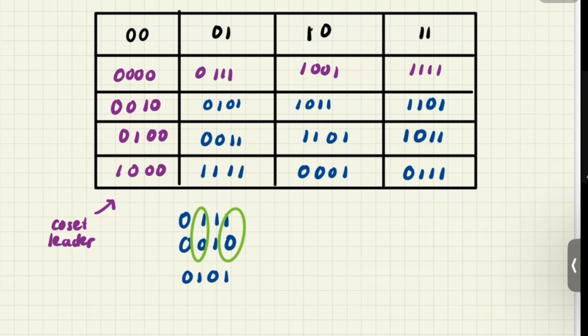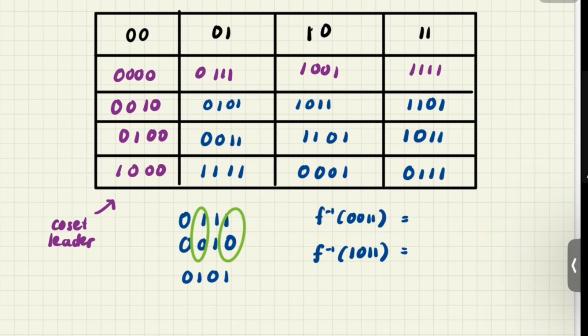Now you need to decode 0011 and 1011. Let's find the value 0011 from the table.